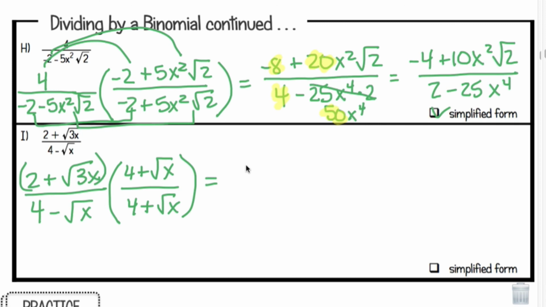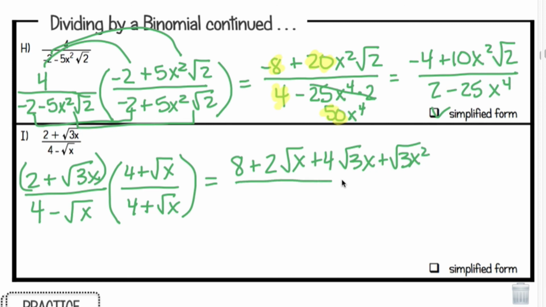So I will have first as 8 plus 2 square root x, right? My outers, my inners, plus 4 square root 3x, and my last square root 3x squared. And my first and last here would be 16 minus x.